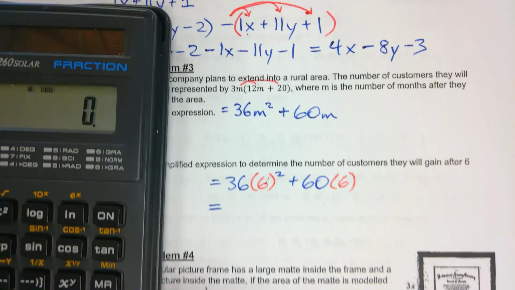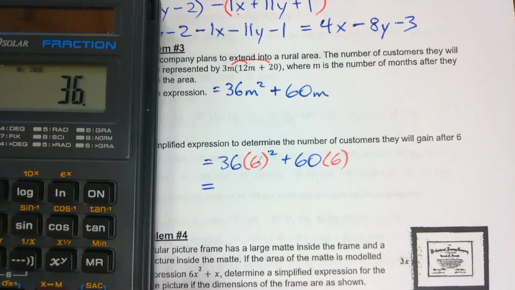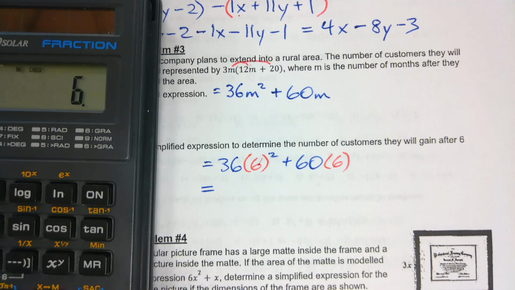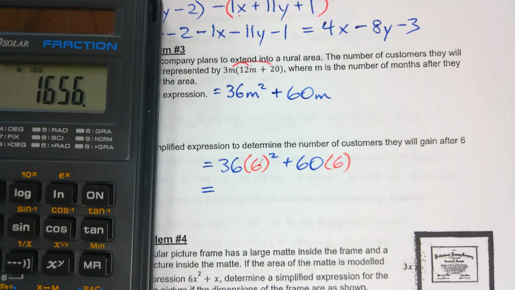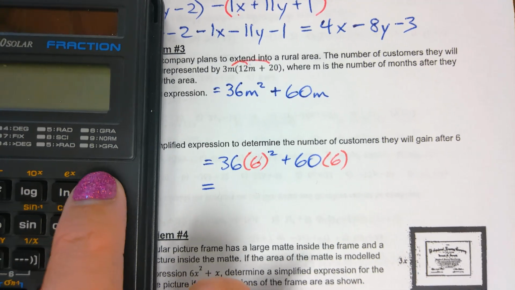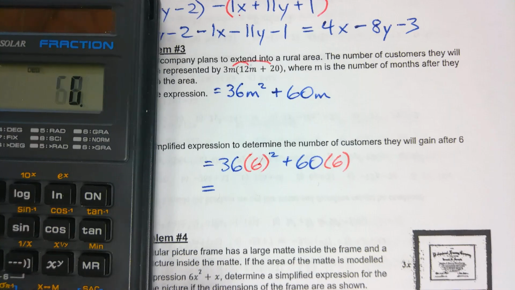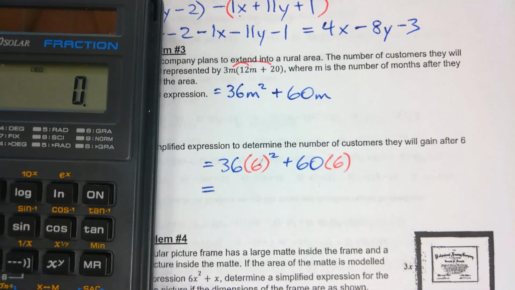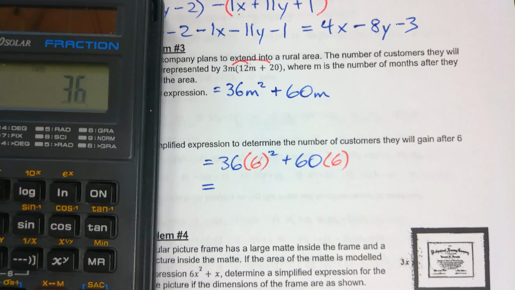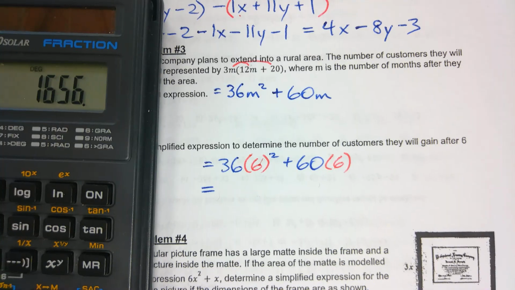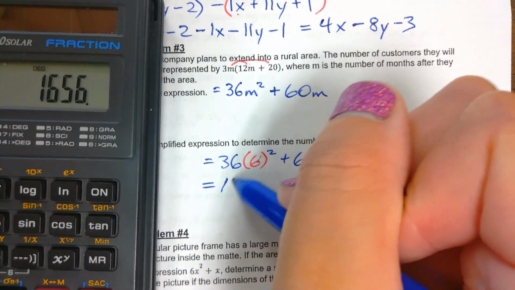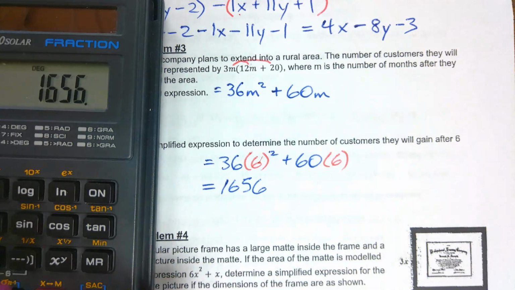So 36 times 36 plus 60 times 6. Okay, yeah, that's right. Okay, I get 1656.